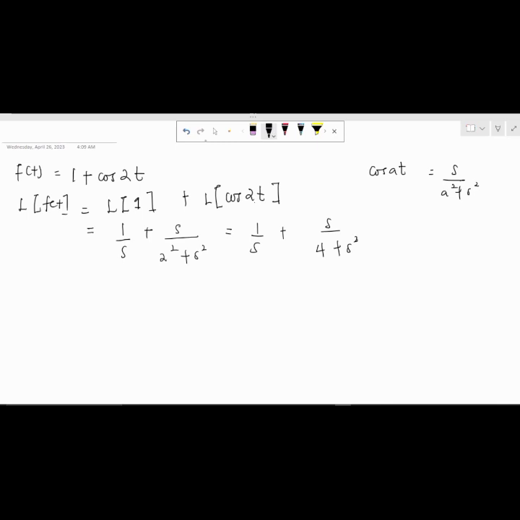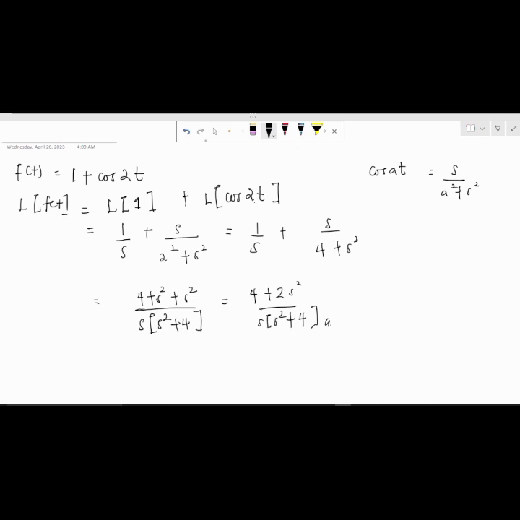And then when we take the sum of this, we would have s into s squared plus 4, and so we're going to have 4 plus s squared plus s squared, giving us 4 plus 2s squared over s into s squared plus 4.